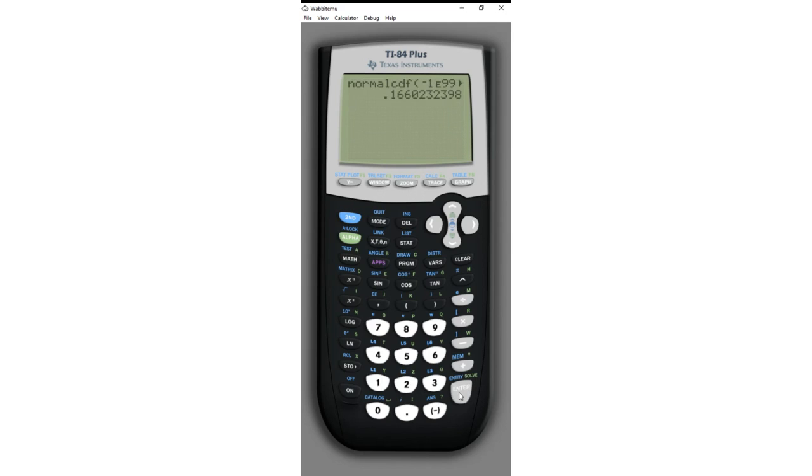So 0.166, which is definitely higher than 0.05. So we fail to reject.